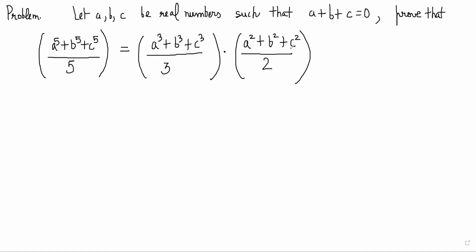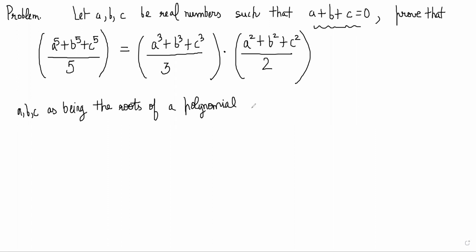Okay, so when we see this problem, the first thing that we can think of is, since a, b, and c are related in this way, we can think of a, b, and c as being the roots of a polynomial P(x) = 0. Obviously, this polynomial will be a cubic polynomial.